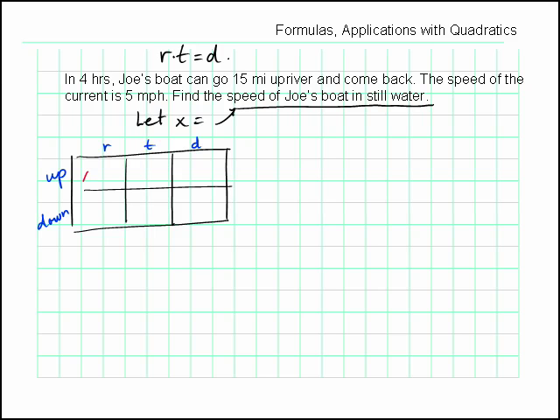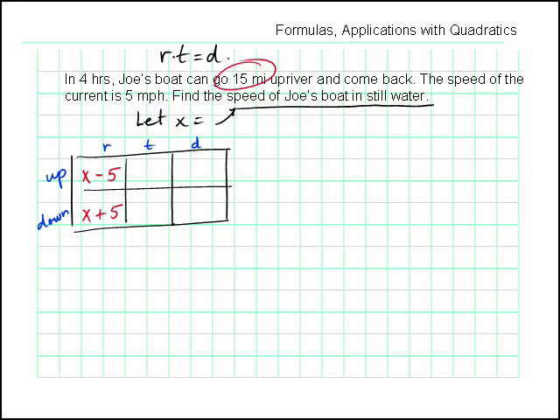So your boat is not going to be going x miles per hour. It's going to get slowed down by the speed of the current. In this case, you're going to go x minus 5, because 5 miles per hour is the current, which is slowing you down. If you go downstream, the current will push you, and so you're actually going faster than the speed x. You're going to be x plus the speed of the current, 5. So upstream is x minus 5, and downstream your rate, or your speed, is x plus 5.